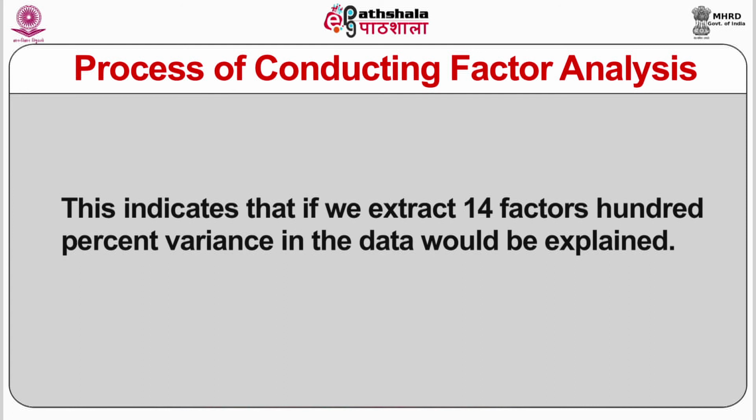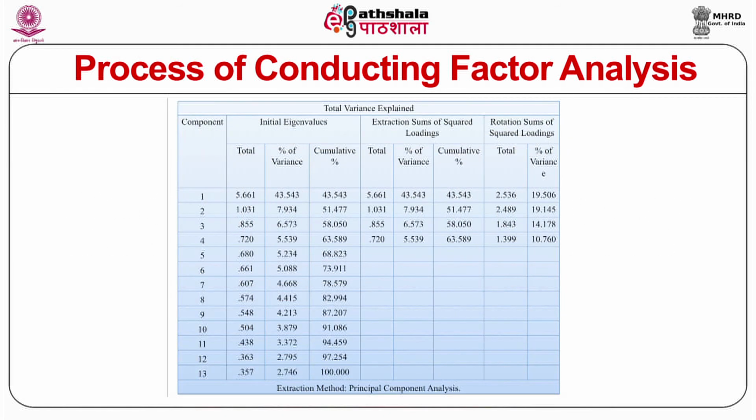This indicates that if we extract 14 factors, 100% variance in the data would be explained. However, if we extract only four factors, 63.589% variance in the data set is explained. Therefore, extraction does lead to loss of sensitivity in the data set. Therefore, it is very important for the researcher to know the reasons for conducting factor analysis.